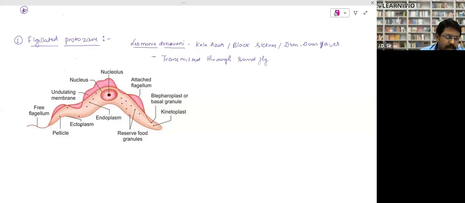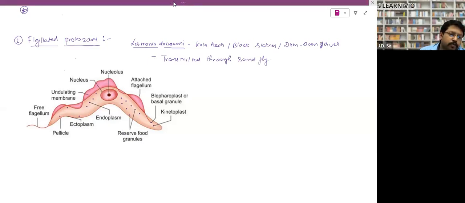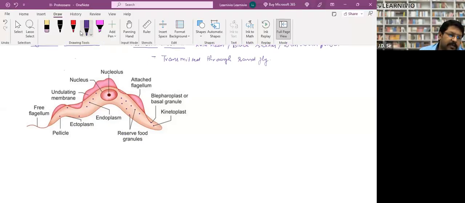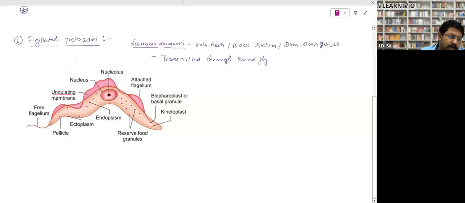You can see the protoplasm is divided into two parts, ectoplasm and endoplasm. The thing you need to understand is that it has an undulating membrane, running from the anterior part. This is the point called blepharoplast or basal granule.